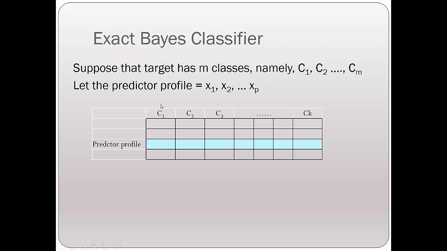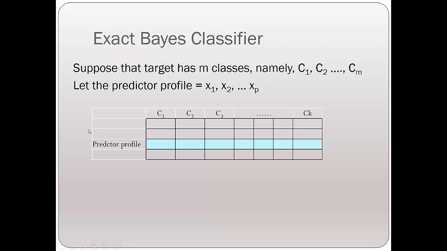Now you have your data, and now you group the data into each of these classes. So all the records that belong to C sub 1, all the records that belong to C sub 2, all the records that belong to C sub 3, and so on. And within each group, given C sub 1, how many of the records in this group belong to the predictor profile?